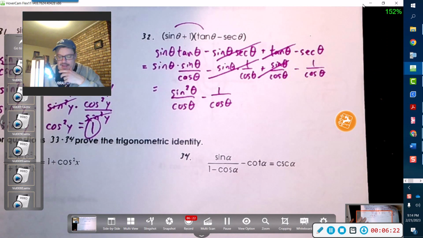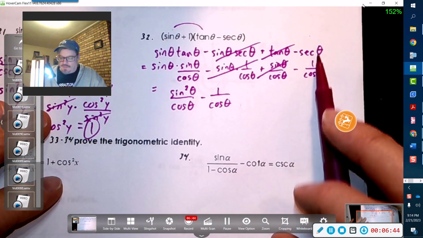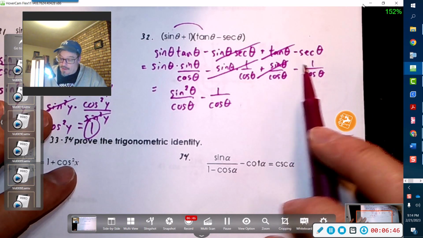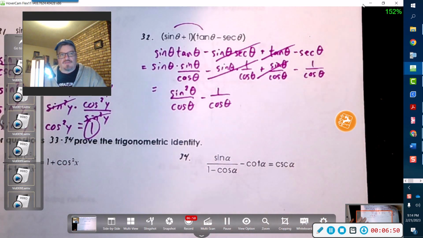So I've got a sine squared minus 1 over cosine. So they have a common denominator. I just want to make sure that was supposed to be negative. Because if it was positive, this would be a lot better because then you'd have sine. Wait. Can I switch? Can I flip them? Because then that would be negative. Yes, I can. Okay, cool.